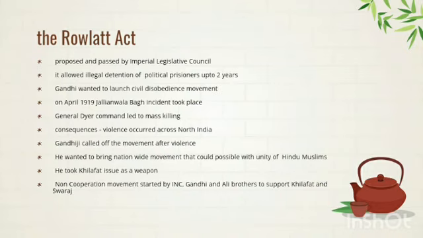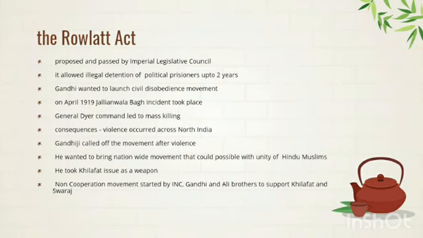Some people came there to protest against the government's repressive measures, while some came to attend the annual Baisakhi fair. But General Dyer entered that area, blocked the exit point and opened fire on the crowd, which led to the killing of hundreds.